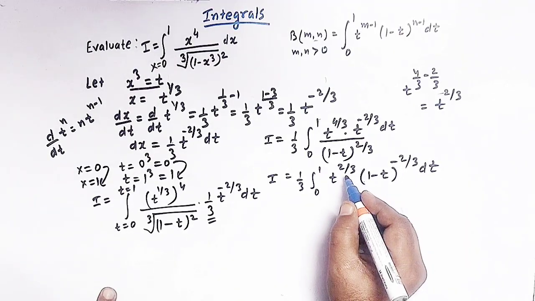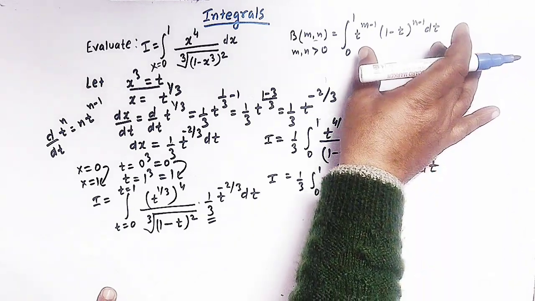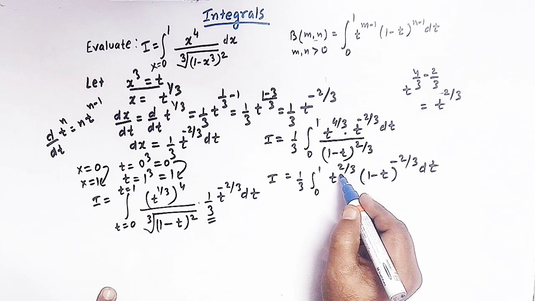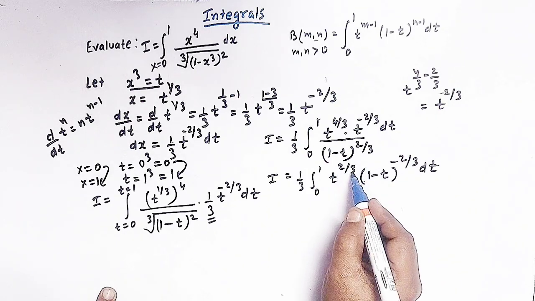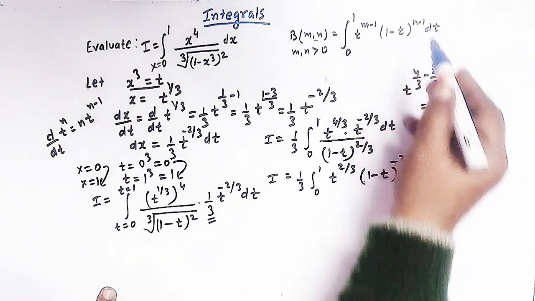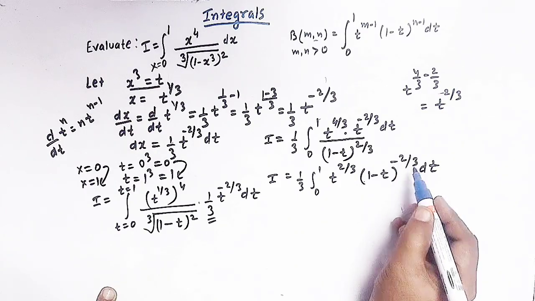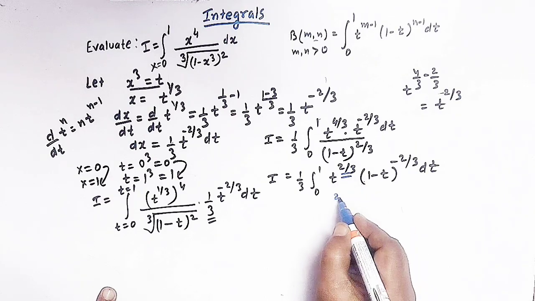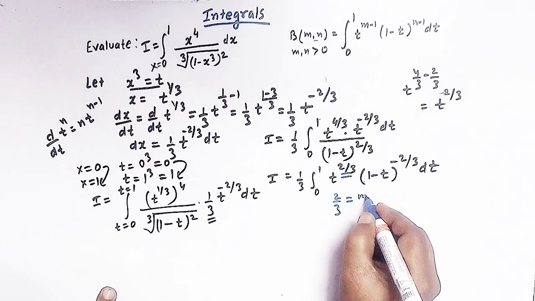So now, if we compare this integral and the beta function integral, then we can easily conclude that here we have m minus 1, and here we have 2 over 3, and here we have (1 minus t) raised to n minus 1, and here we have (1 minus t) raised to minus 2 over 3. So let us write this exponent, that is 2 over 3 is equal to m minus 1, right?